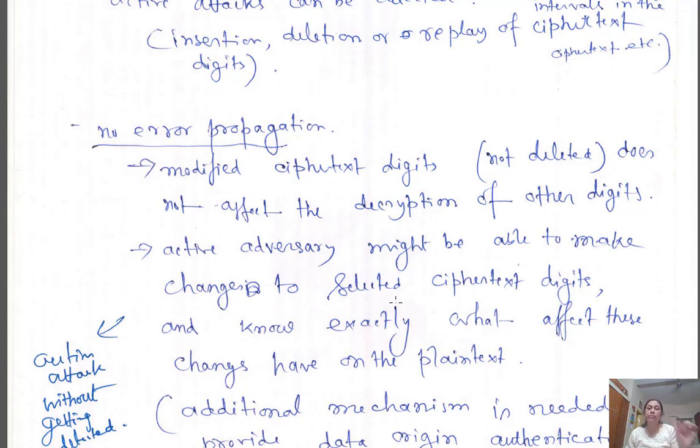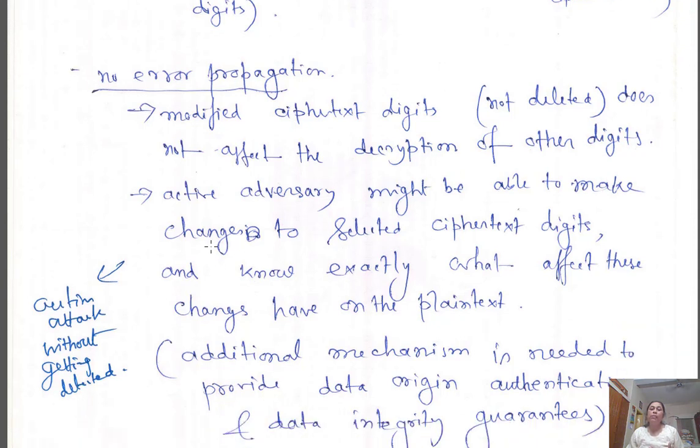He selects some ciphertext digits, changes them, and checks what plaintext he gets. This type of active attack can be mounted without getting detected. You cannot detect it because there is no error propagation.